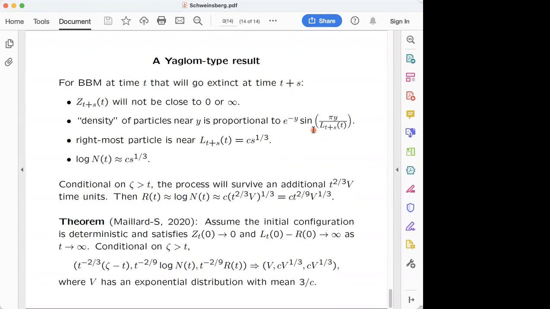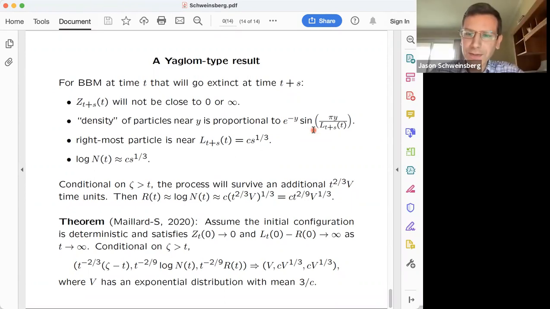You could view this process as a point configuration, because right now it's like n of t converges to something. When you talk about the point process, in the context of branching Brownian motion, I'm most familiar with the point process when we're discussing the details of the configuration near the rightmost particle.